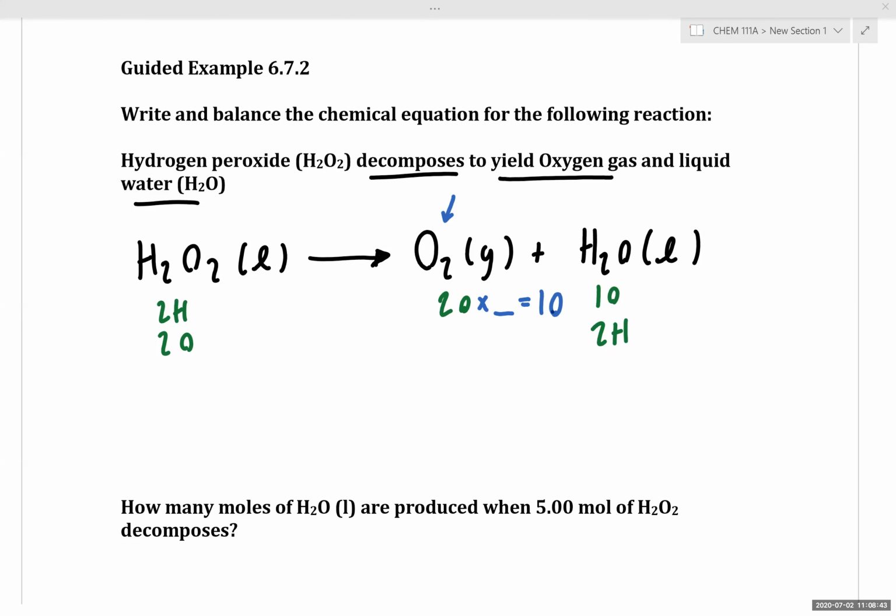Again, half notation is good because we have an isolated element in this case. So what coefficient should we have in front of oxygen? What times 2 would give us 1? And you can guess a fraction in this case. 1/2 seems exactly right.